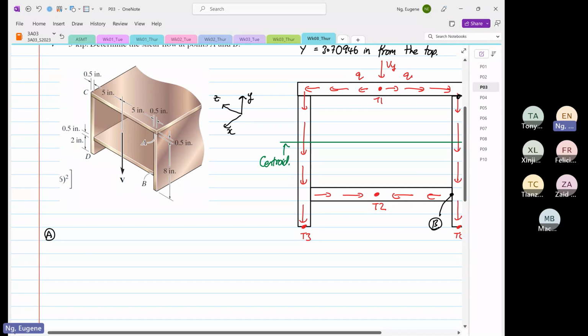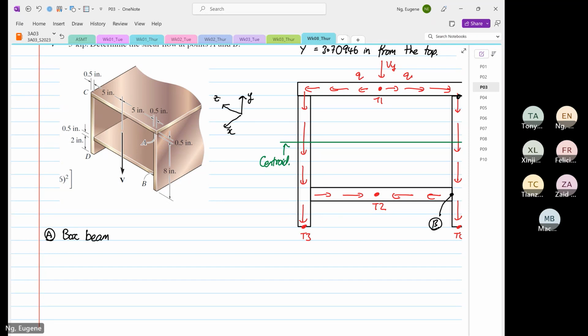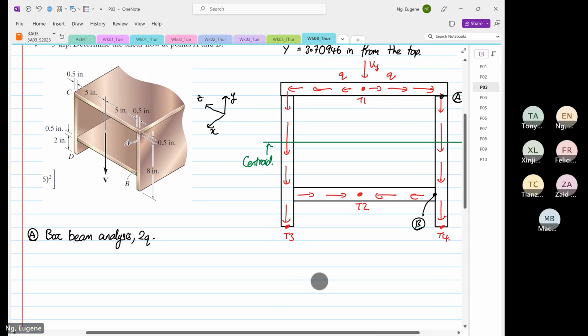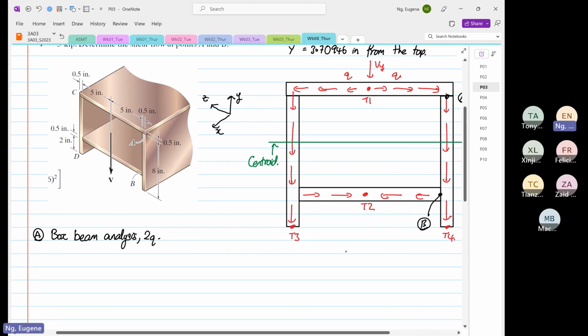we know there is a box beam analysis. That's where we know it's 2Q, right? So we know that this will be our width.